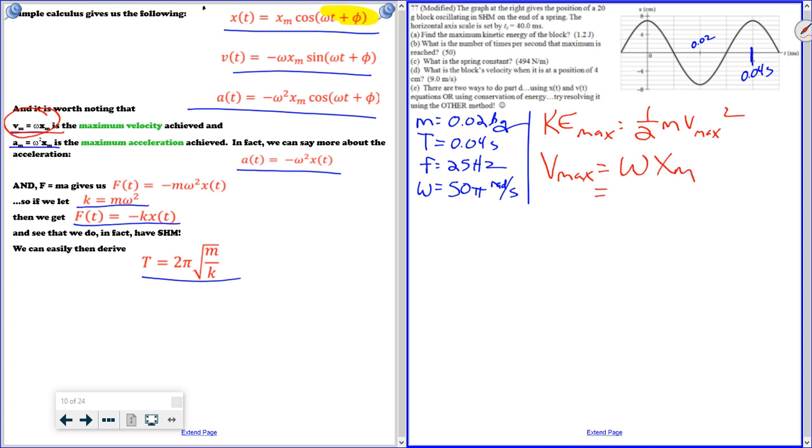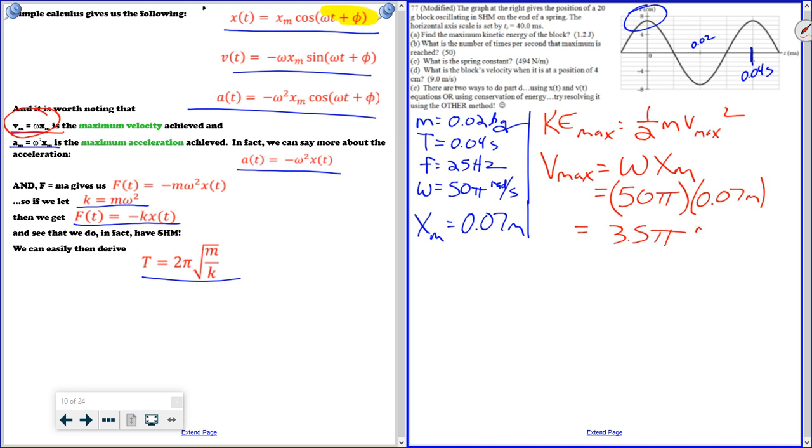Omega is 50 pi. xm, according to our graph, I did not write it down, so I'm going to go back over here. We know that x max is 7 centimeters, 0.07 meters. That's just from the graph. You can tell that maximum point is 7. So times 0.07 meters, and that gives you 3.5 pi meters per second.